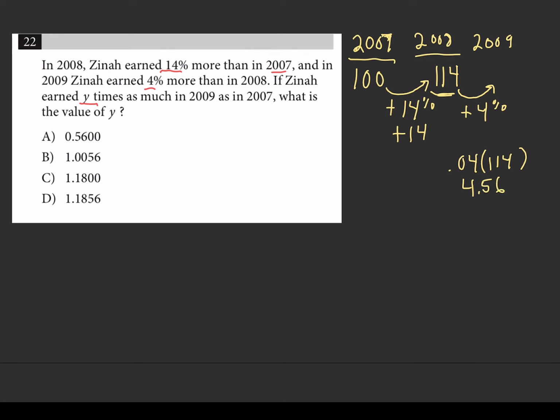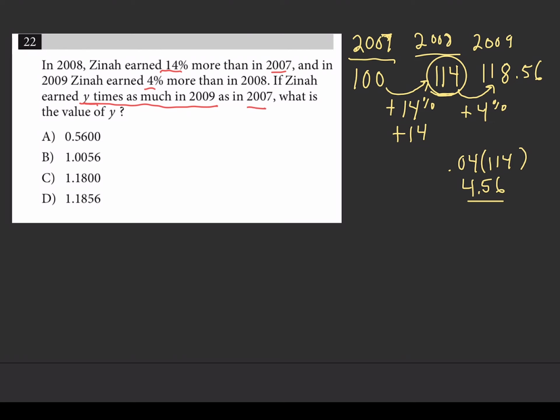So I'm actually adding 4.56 to this 114 up here. And that means that I end up with 118.56.